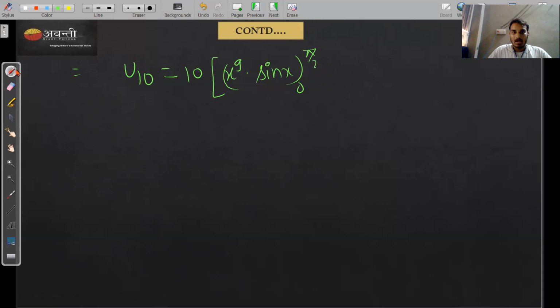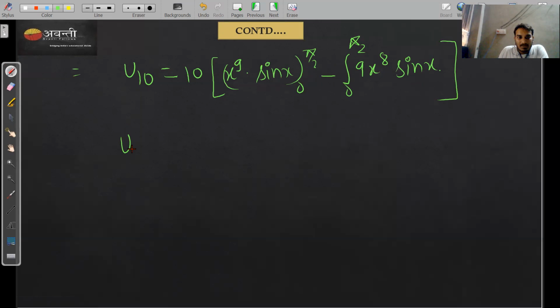So I will keep it outside. Minus integration of the differentiation of first, which is 9 x raised to the power 8, integration of second is cos x, which is sin x, right? Integration of cos x is sin x. Yes or no? Is this clear? And 10 is still outside the bracket, right?